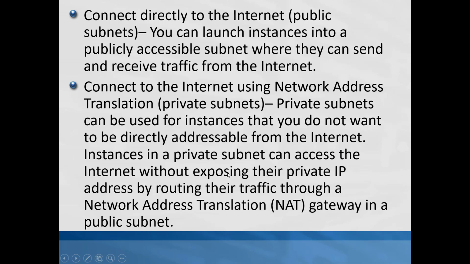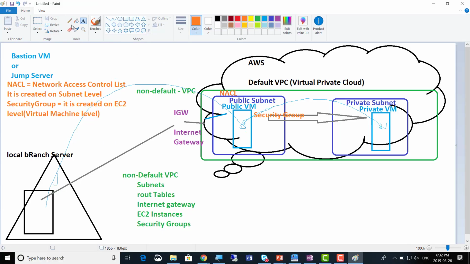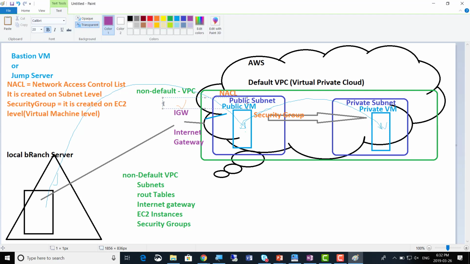So as far as our diagram is concerned, we're going to be putting an internet gateway here, but you can also put VPN here. You can use VPN to connect to your VPC, which is your virtual private cloud, or your private network inside your AWS public cloud. You can also create a NAT gateway here as well. But we're going to go for internet gateway, which is IGW, instead of VPN.